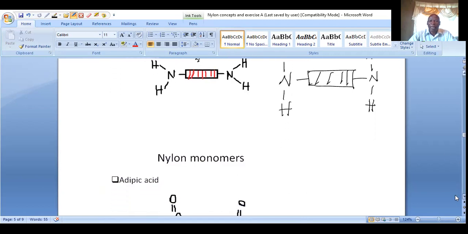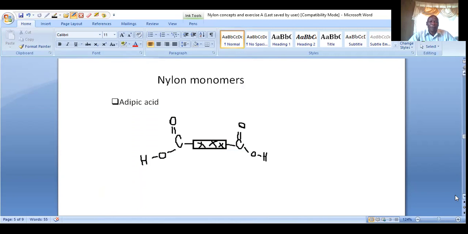You need another monomer. Another monomer is adipic acid. It's an organic acid. It's also going to have a different backbone altogether because the compounds contained here are different.